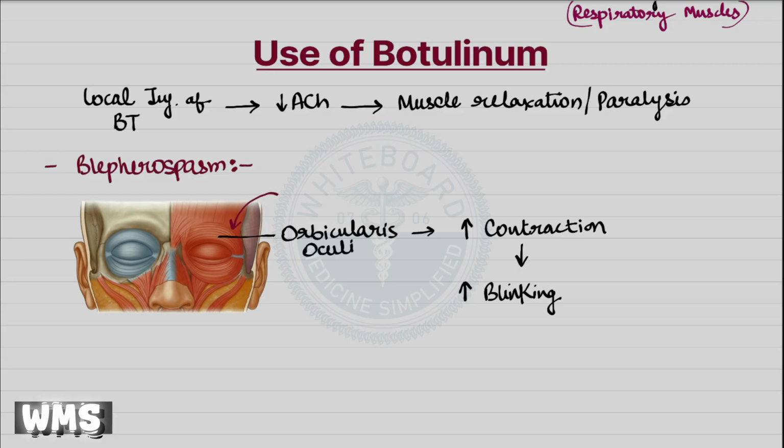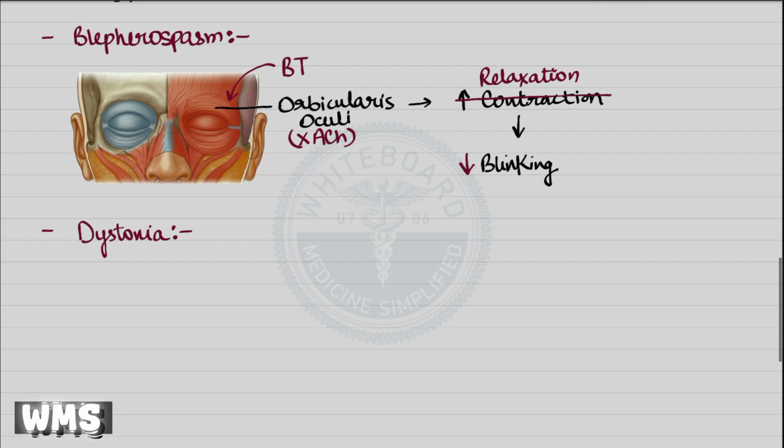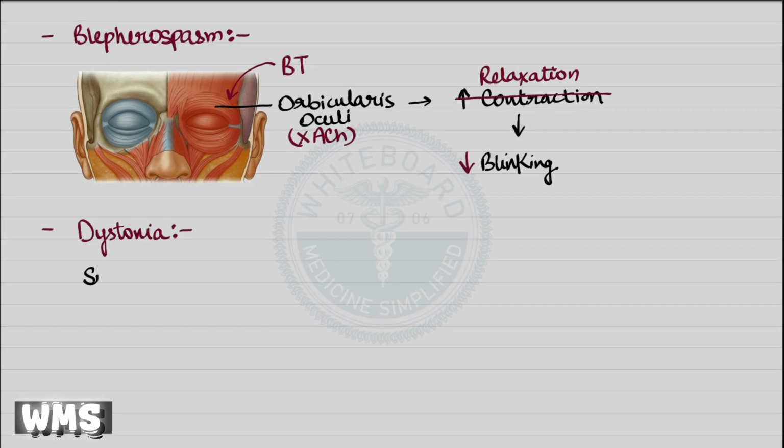Now, when botulinum toxin is injected locally into the affected muscle, it blocks acetylcholine release at the neuromuscular junction. As a result, the overactive muscle relaxes and the involuntary contractions decrease significantly. It's also useful in cases of dystonia. Dystonia is a movement disorder characterized by sustained or repetitive involuntary muscle contractions.